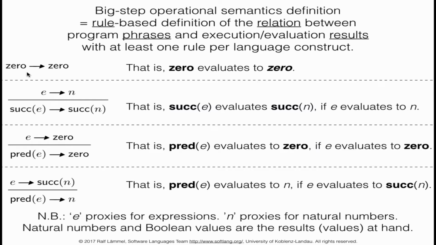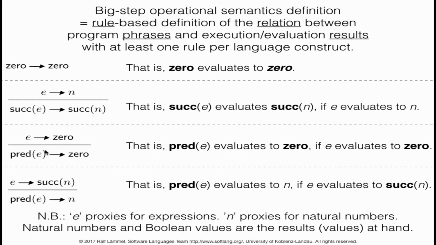So here's the rule, or the axiom as we say, for 0: 0 evaluates to 0. Here's the rule for a successor construct. That is, succ of e evaluates to succ of n if the argument e evaluates to n. Here we assume that e could be any expression and n is a natural number.